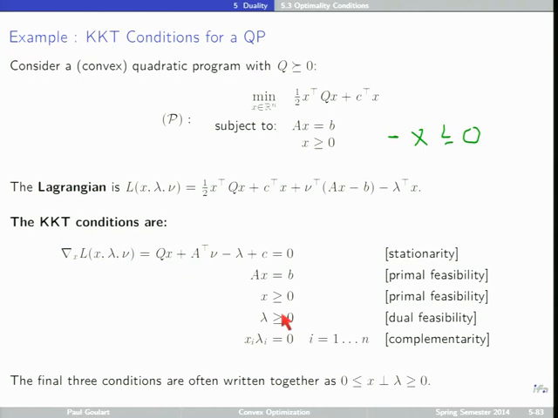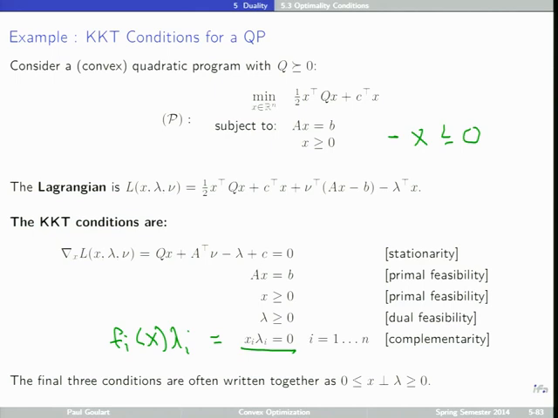So complementarity said something like Fi of x times lambda i is equal to 0. But in this case, the functions Fi of x are just the individual components of x. Those are the things I'm constraining. Or sorry, minus that actually. But the products have to be 0, and so I get this complementarity condition.